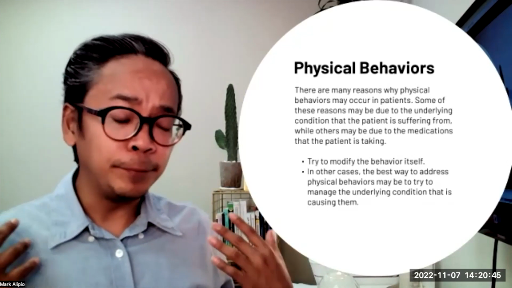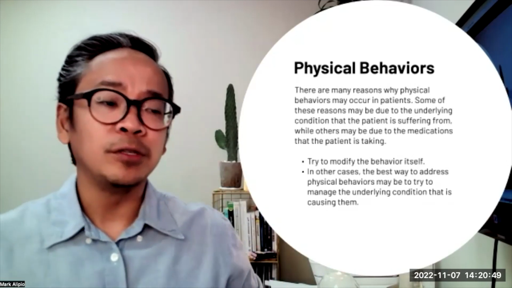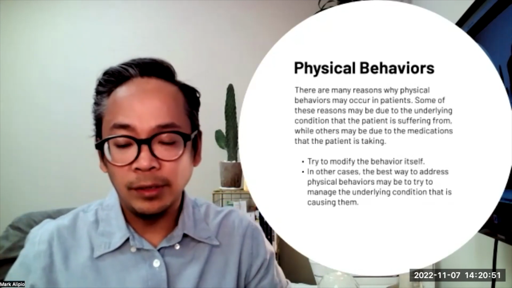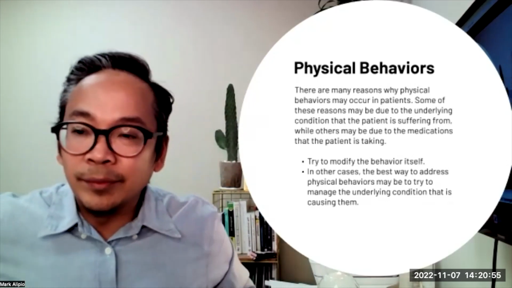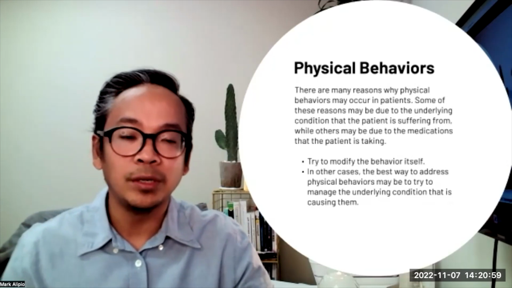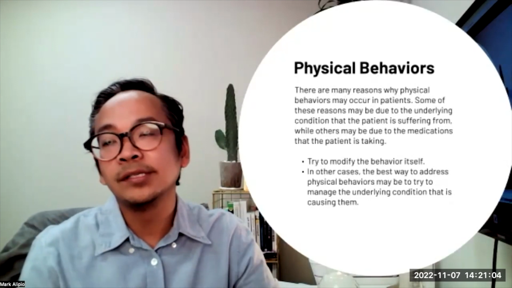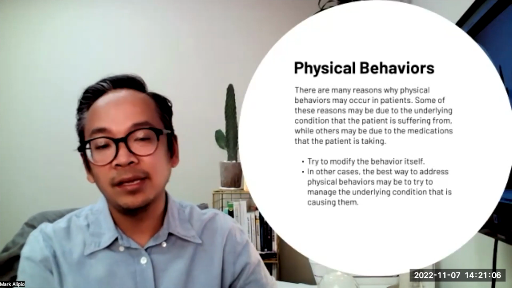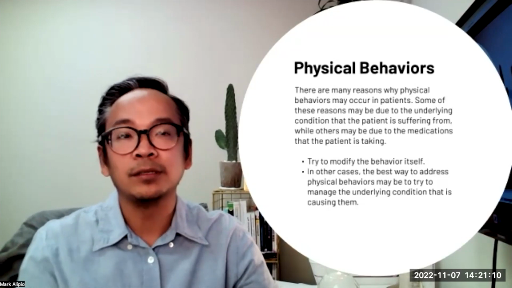Because physical behavior is a form of communication, therefore we have to look at other things. So for example, in our homes, when they start having reoccurring behaviors, one of the first things that we discuss with the ID team is whether this individual may have an infection, right?